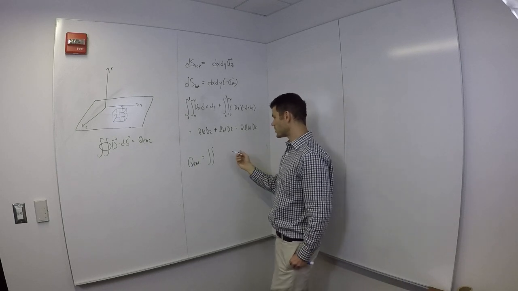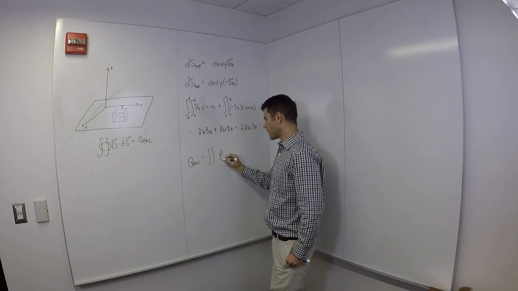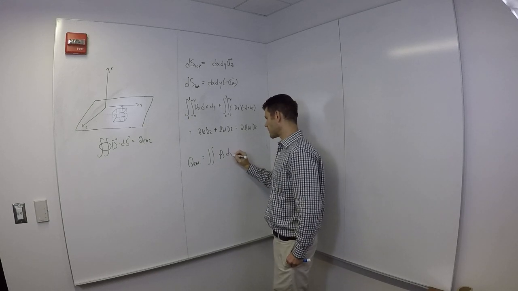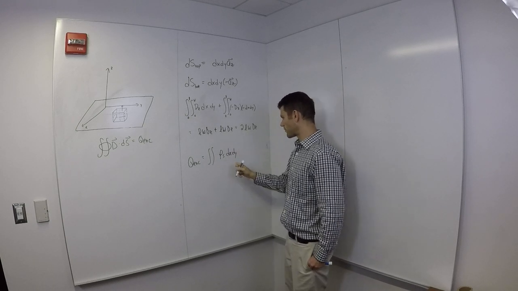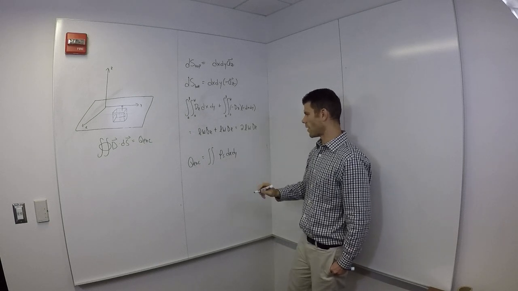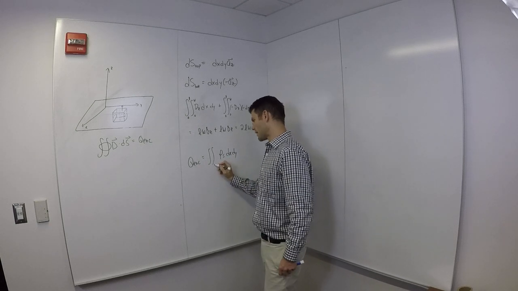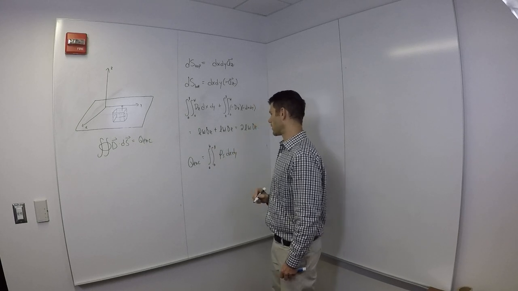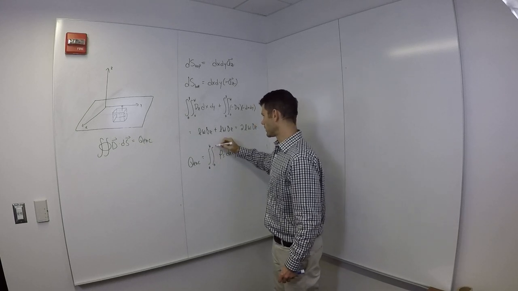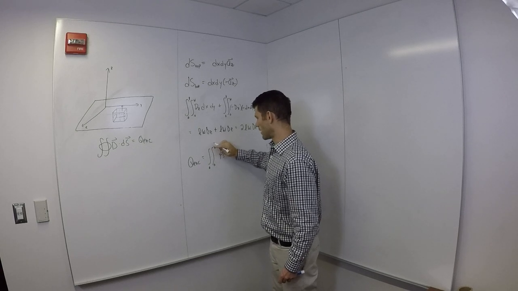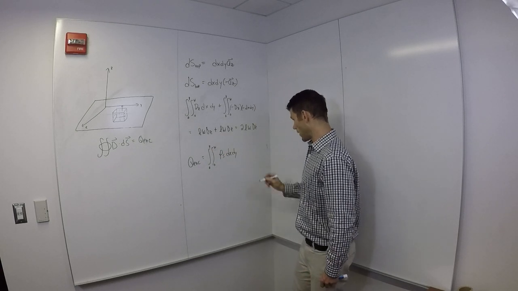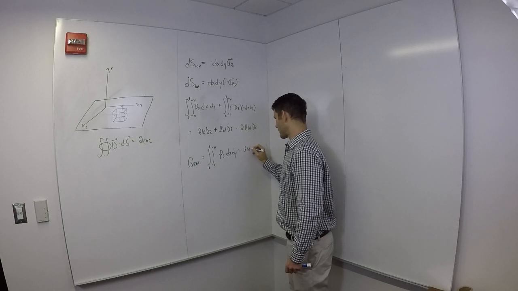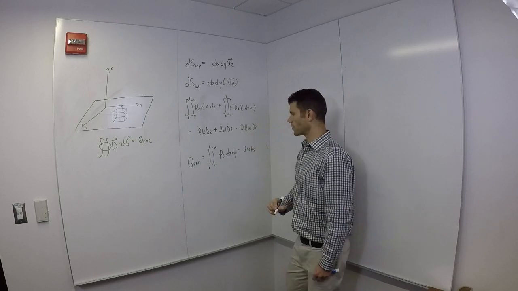Well, we can say that each one of them is equal to the surface charge density, right, times the area, and that differential area would be dx times dy. And what's the dimensions? Again, going to be the same dimensions, 0 to W, and then 0 to L. Okay, and when we do this, we get length times width times rho sub s.